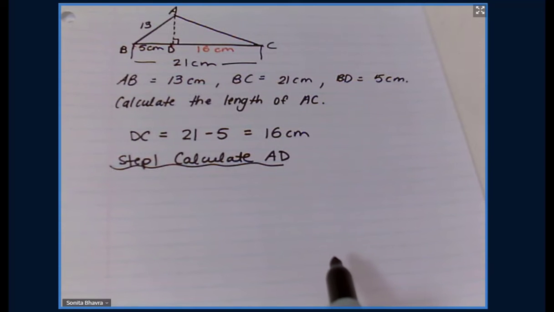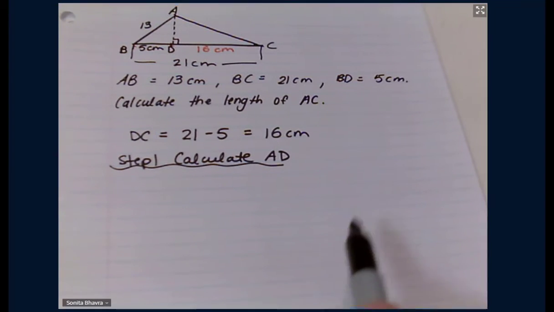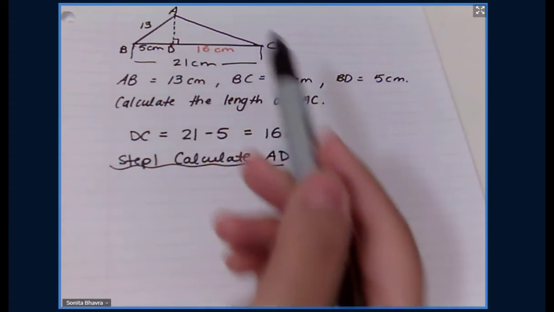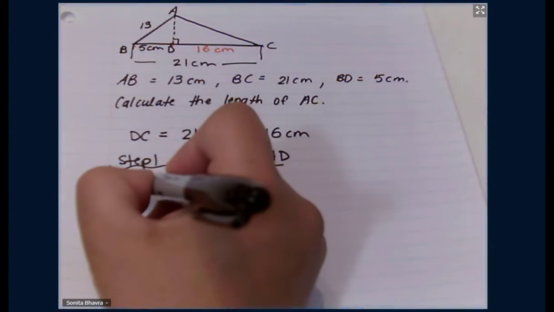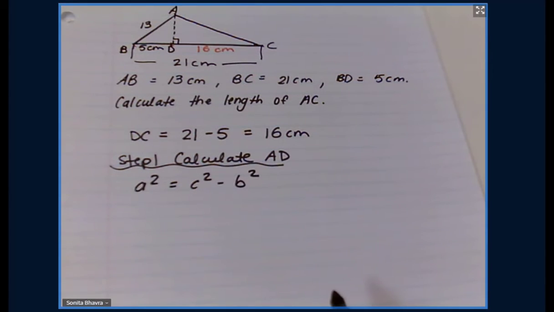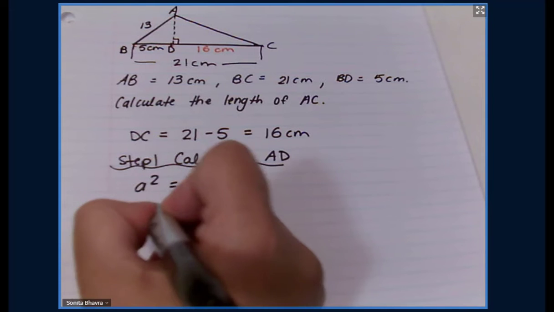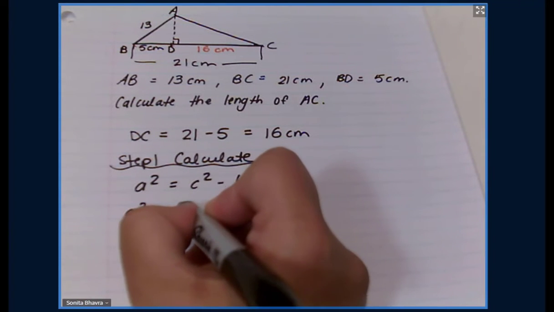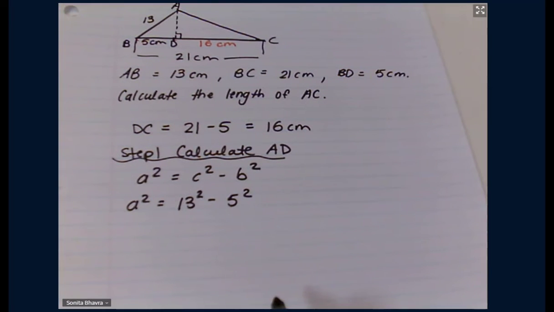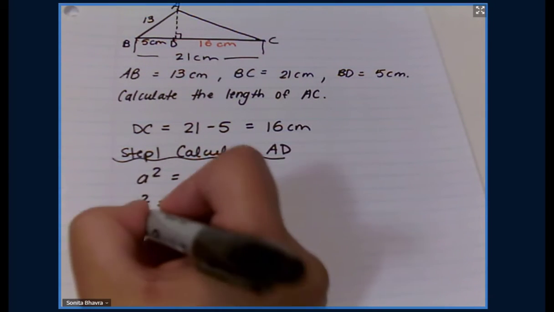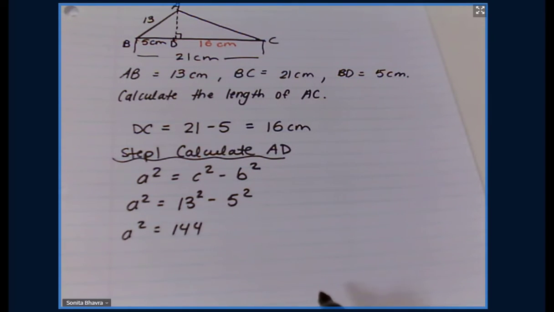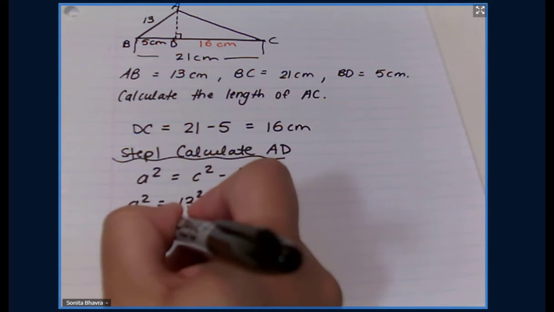Okay, so using what we have there, we have the hypotenuse and we have the base. We need to solve for our altitude. So A squared is equal to C squared minus B squared. A squared is equal to 13 squared minus 5 squared. All right, put that into your calculator and you'll get that A squared is equal to 144. Take the square root of both sides.